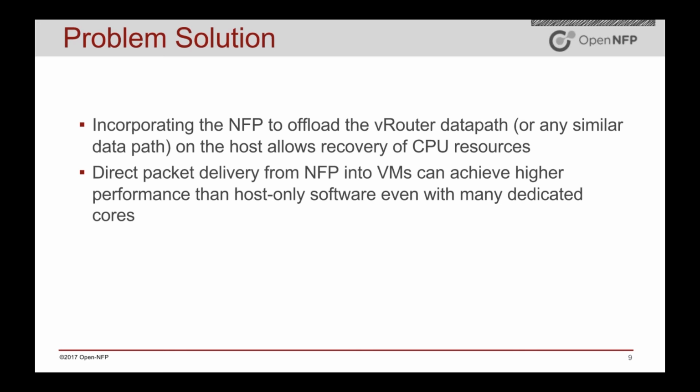So those overheads are being removed from user space, from the host itself, and you're utilizing the NFP to be able to overcome those issues that slow down packet per second performance and consume resources on the host.